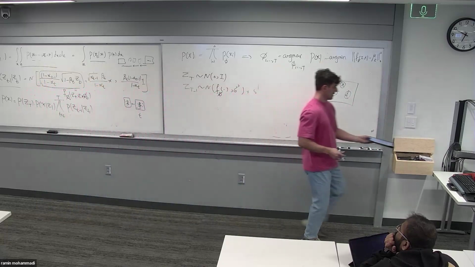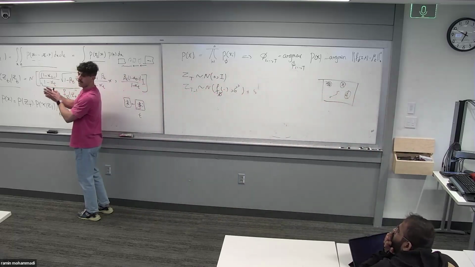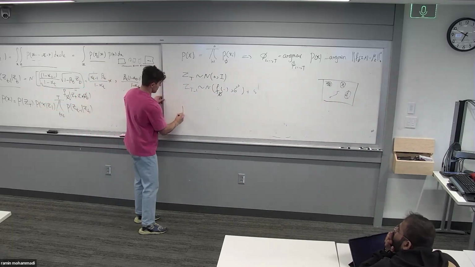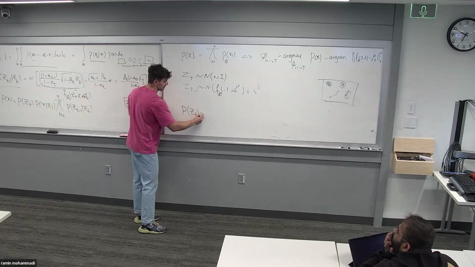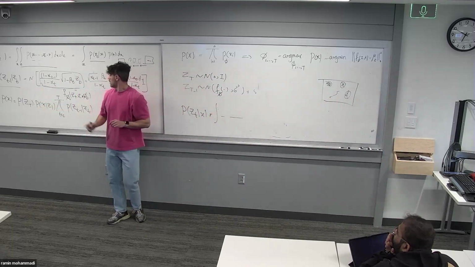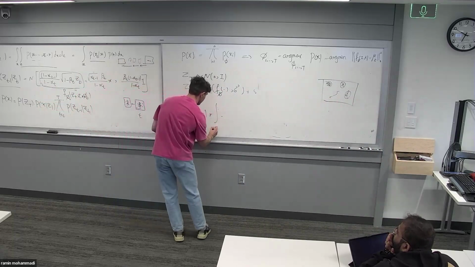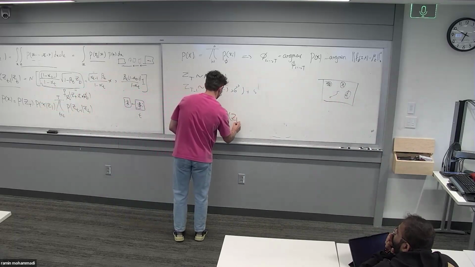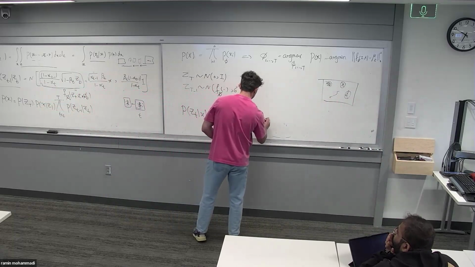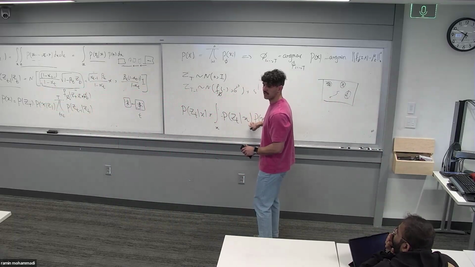So again, this was the mixture of two Gaussians, likelihood times the prior. The prior was Z_t given X, which was the integration over all possible X's. Again, if you forgot this term, it was the probability of Z_t given X times the probability of X, P of X. So that was the prior term, which is a Gaussian.